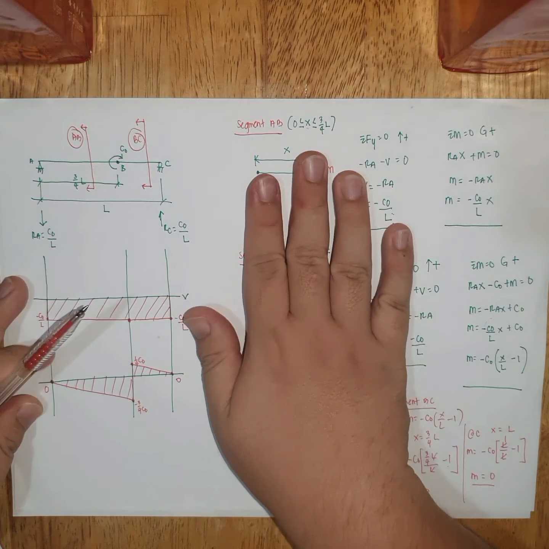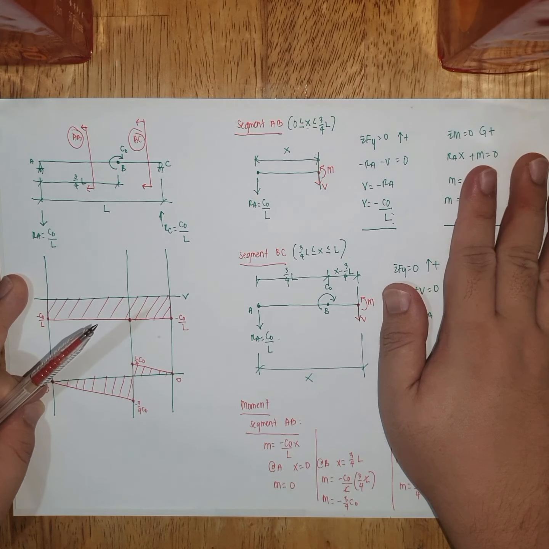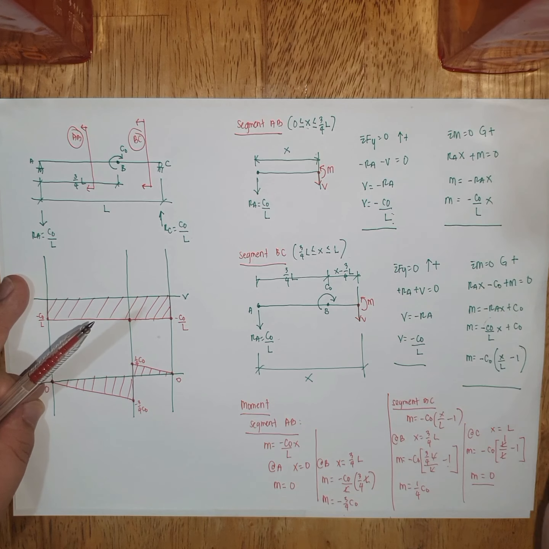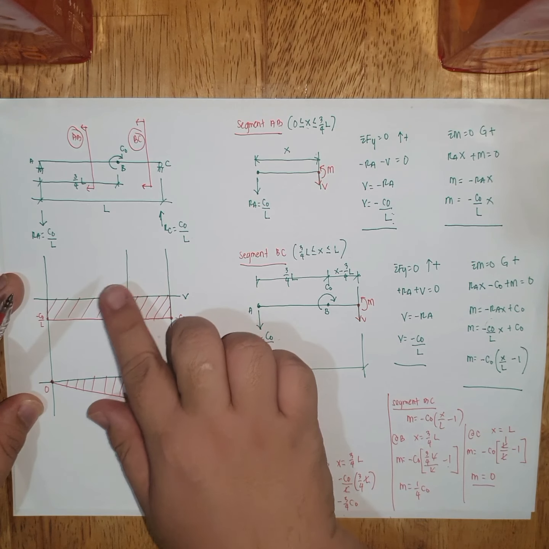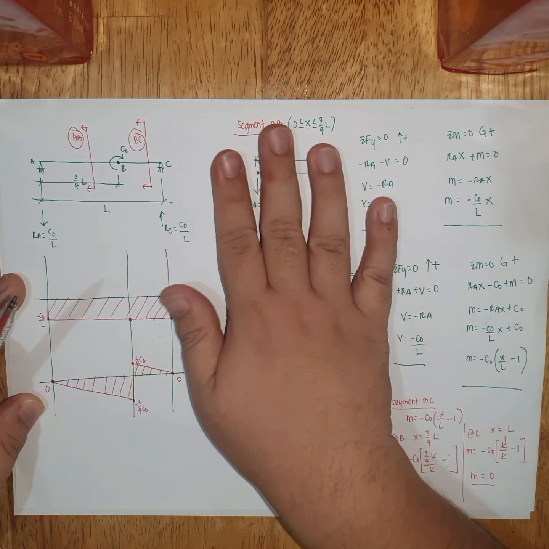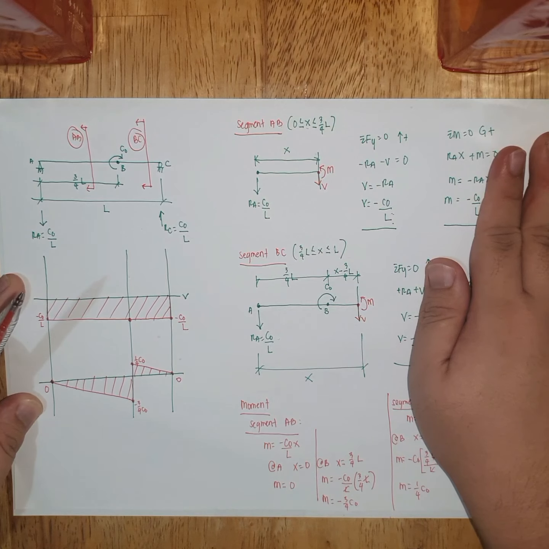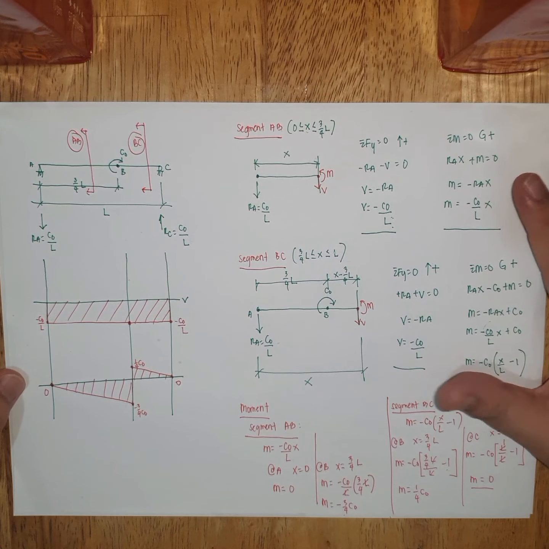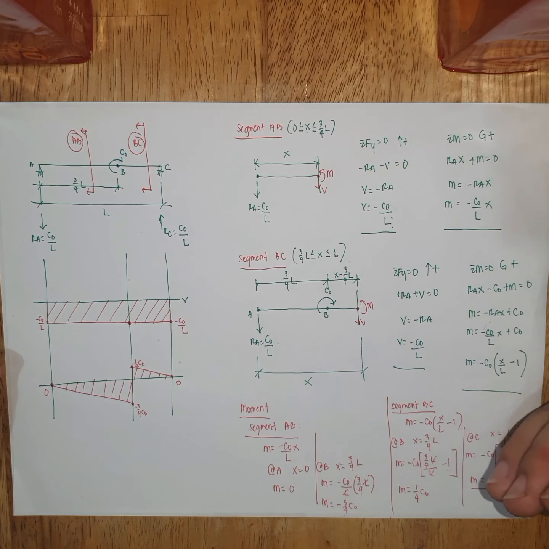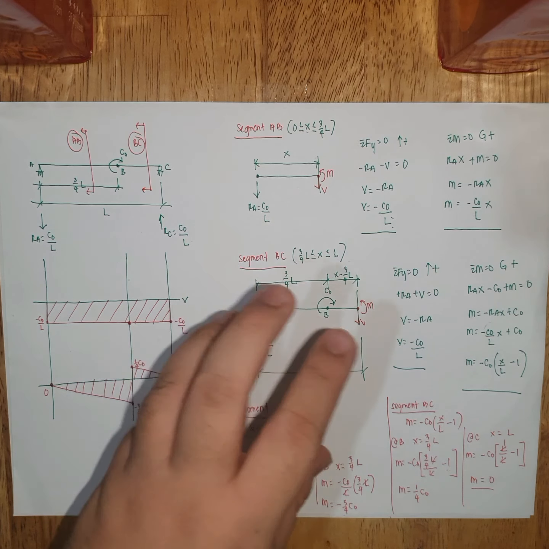So, hindi natin kailangan mag-solve ng ganito kahaba. Kailangan lang natin is yung reaction lang. Masasolve natin yun. No? So, kukuha natin itong diagram na to kung ito lang yung hinahanap na kahit hindi tayo dadaan dito sa very tedious na solution na to. So, pero for now, this is the method for solving yung shear and moment expressions natin.